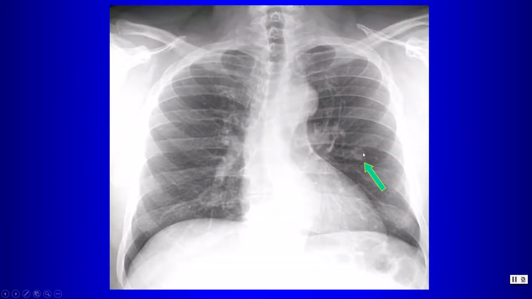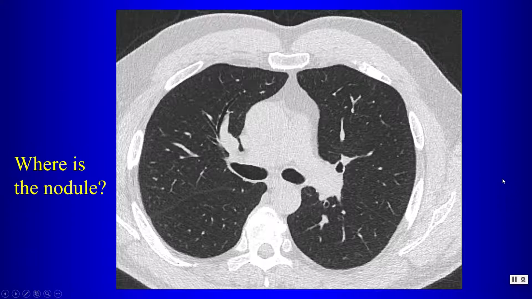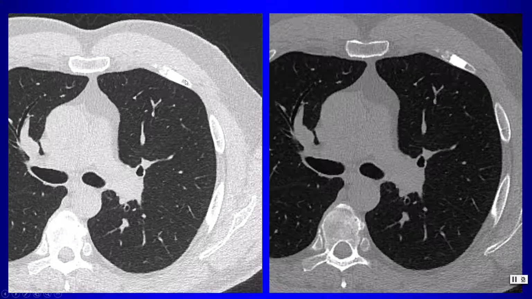So here's another example where we have this lung nodule, pretty easy to see. Now if I show you the CT scan and I ask you where is the nodule, take a good look at the CT and tell me if you can see where the nodule is. I will tell you that the nodule is on this image. So where is it? Well, it turns out that this is a bone island.